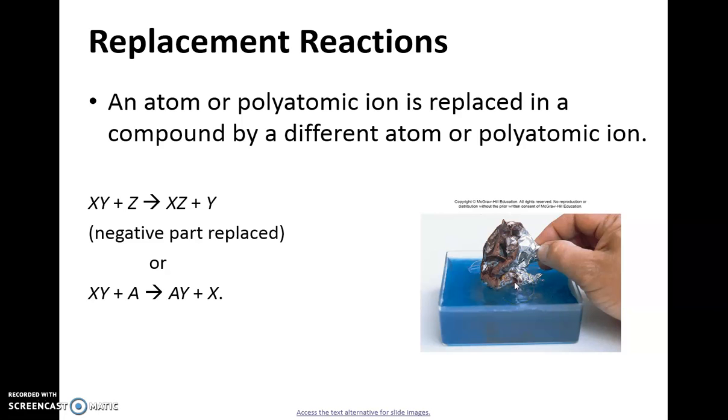So the reactants are the aluminum and the copper chloride. The products are copper and aluminum chloride. So XY plus Z, notice that Z and the Y trade places. That would be the aluminum and the copper in this reaction right here.